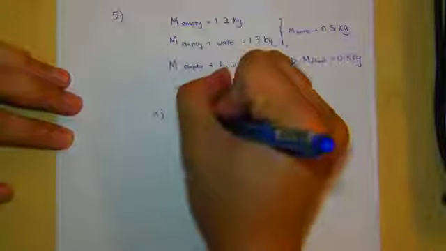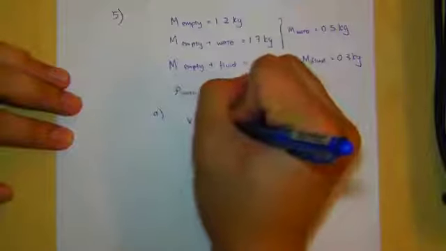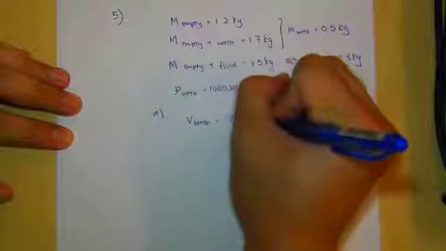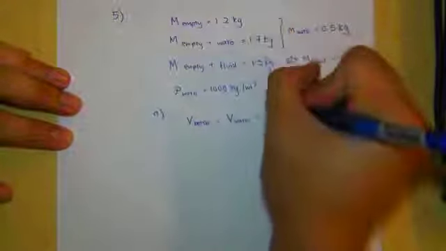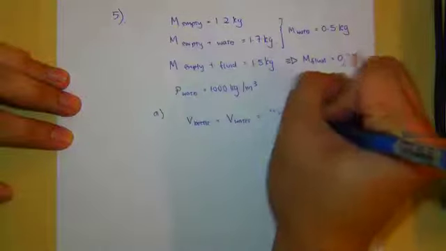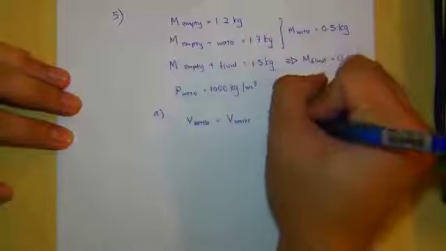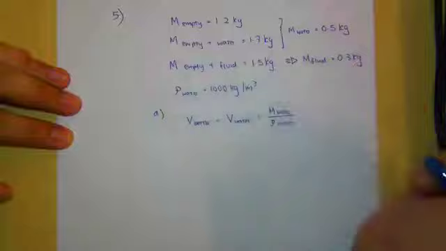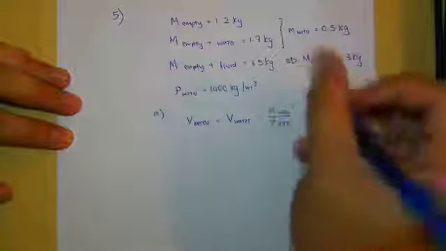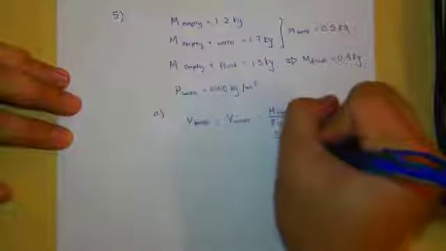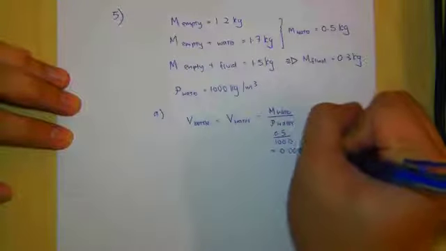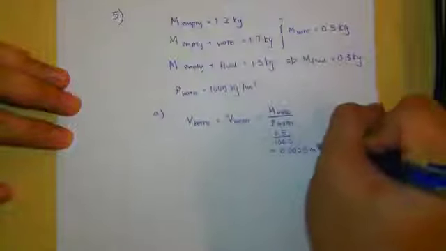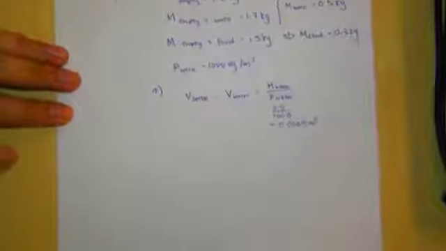To get the volume of the water, we'll use the mass of the water divided by the density of the water. So this is 0.5 divided by 1000, which will then give us 0.0005. Very small bottle.